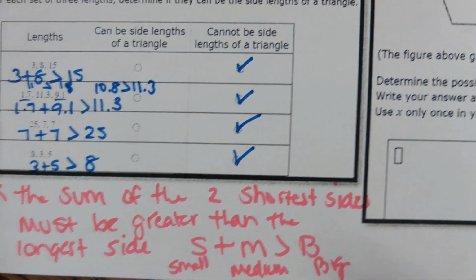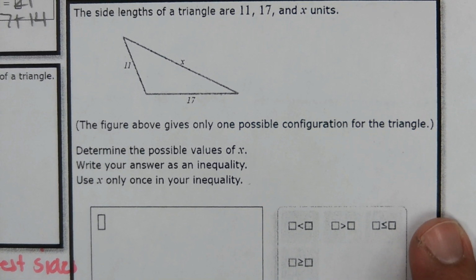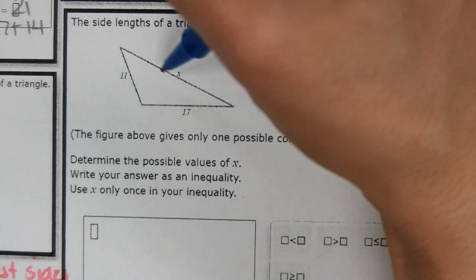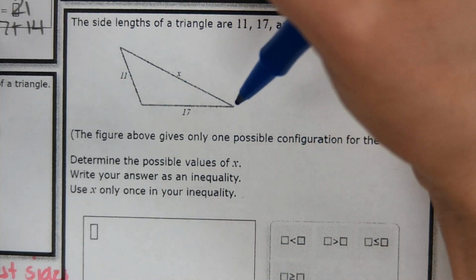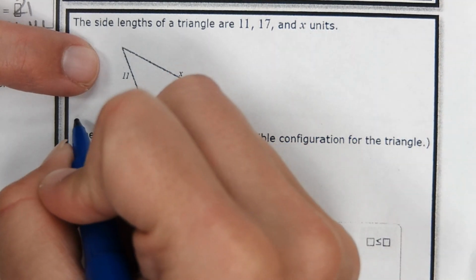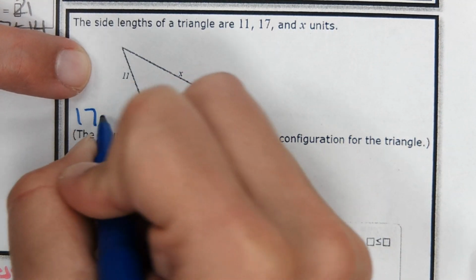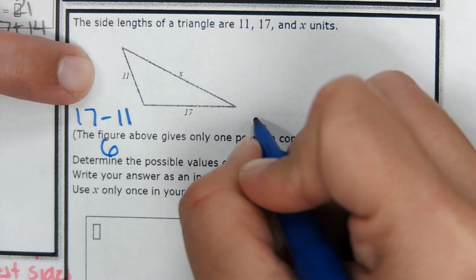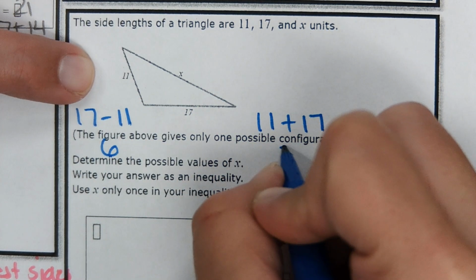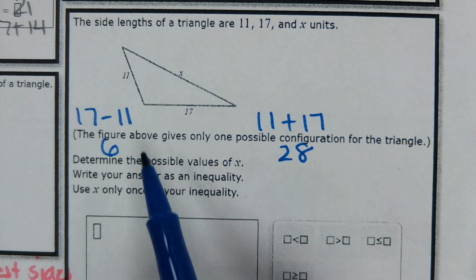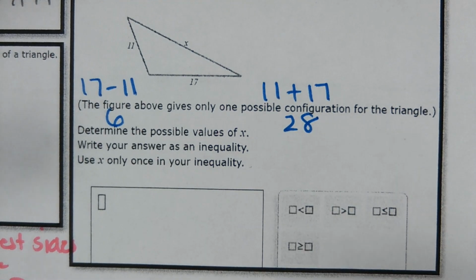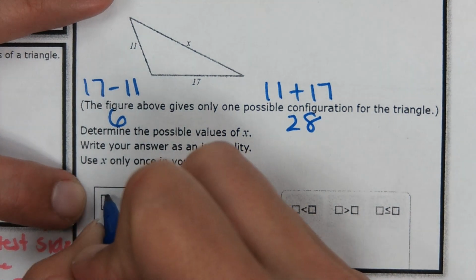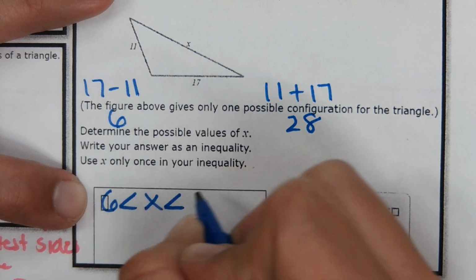Then over here, for this one, it wants an inequality to show what the side length x could be. The way to do this is you subtract your two numbers, 17 minus 11, get 6, and you add them. 11 plus 17 would be 28. And so your x has to be in between those two numbers, and the way you set up the inequality is just 6 < x < 28.